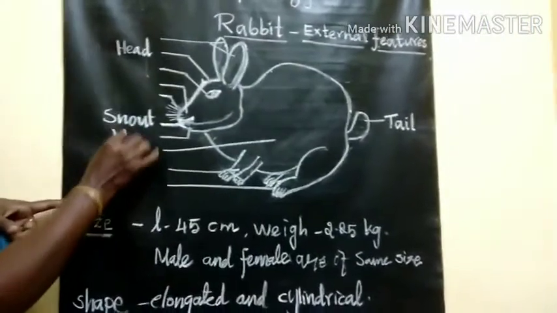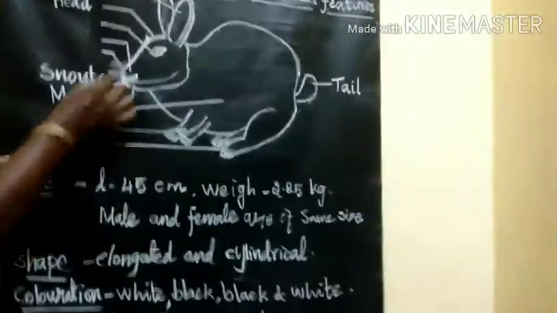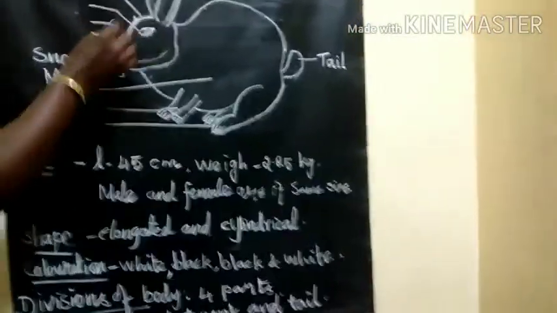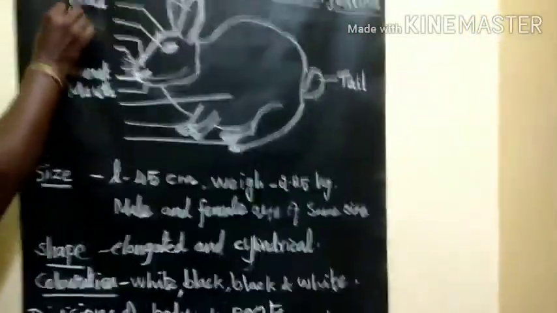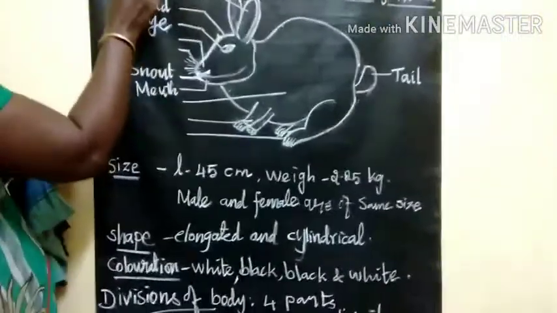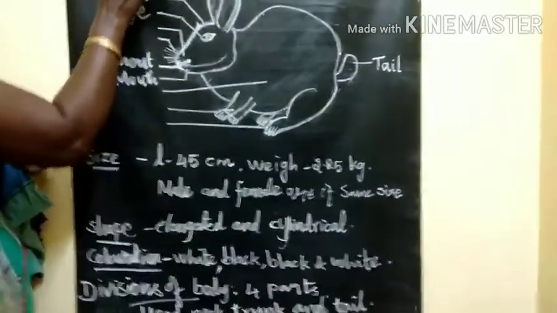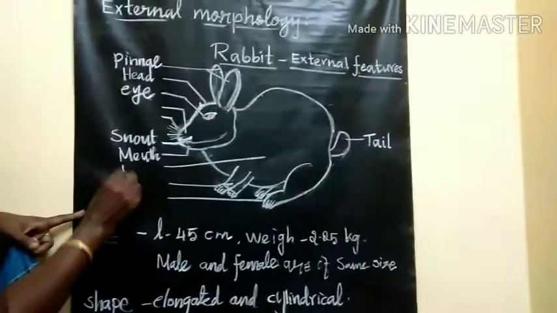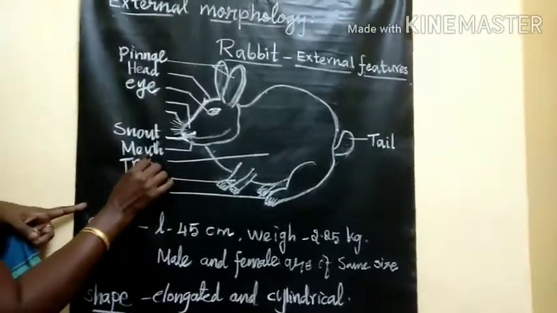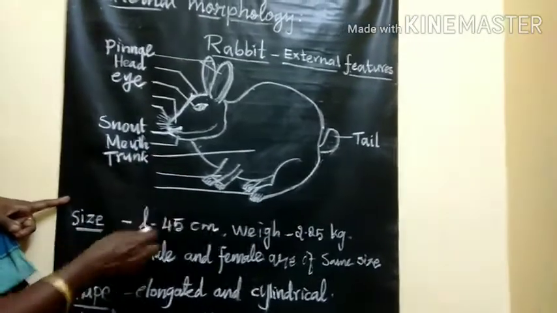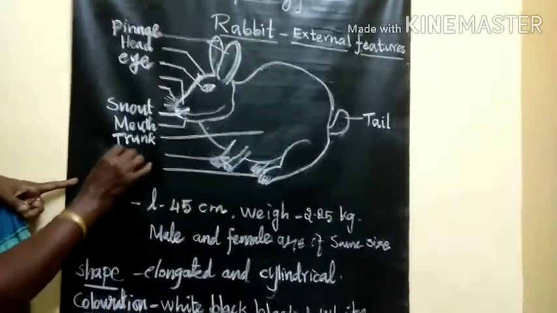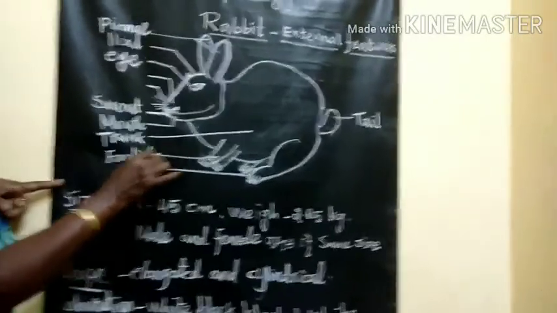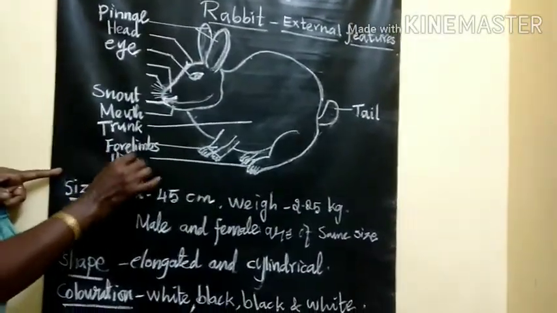A mouth. This is eye. In the trunk, forelimbs and hind limbs.